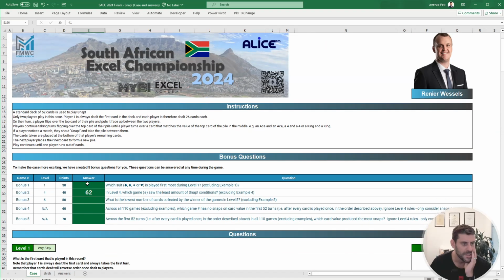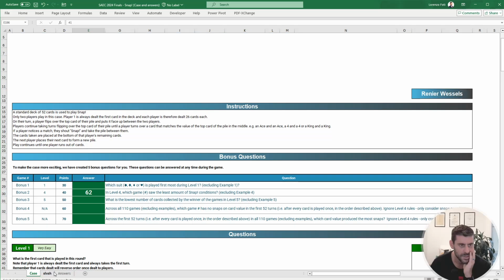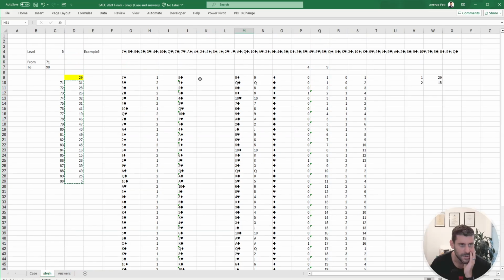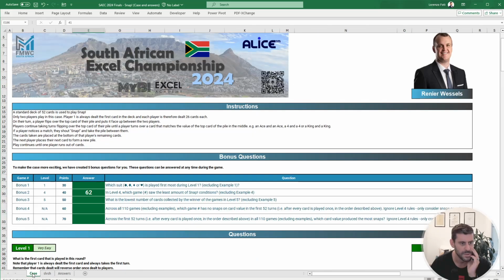Need to be realistic. Which suit is played first most during level 1? It's played first.